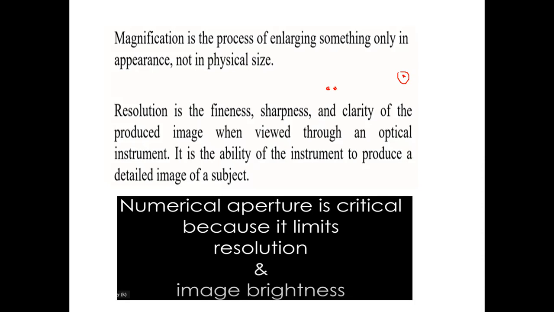Another important point is the numerical aperture. This numerical aperture is critical because it limits both the resolution and the brightness of your image in the light microscope. We define resolution as the distance by which 2 objects must be separated in order to distinguish them as separate from one another.